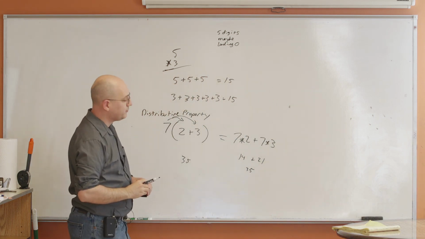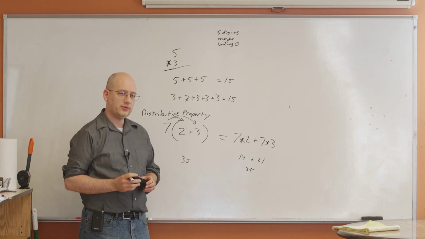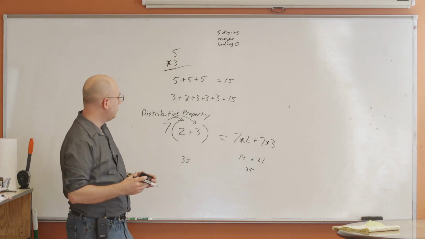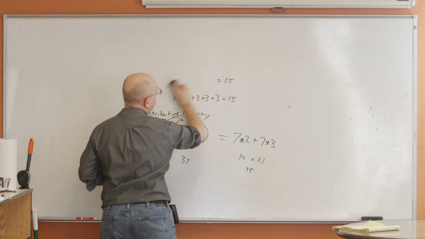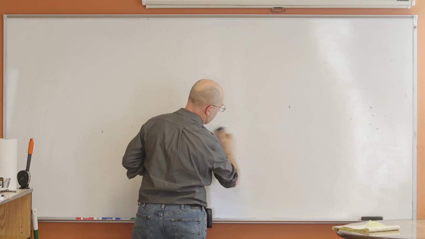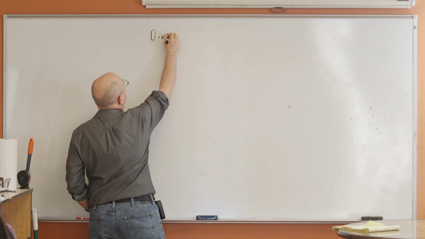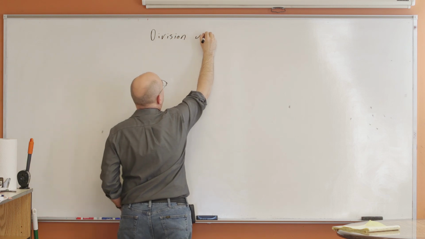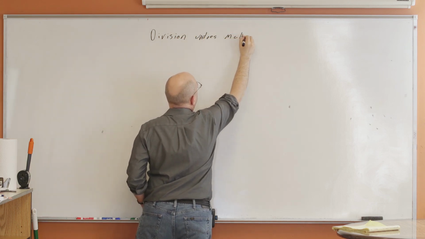Now on to division. Well, first, what's the relationship of subtraction to addition? Yeah, they're opposites. They kind of undo each other. And in the same fashion, division undoes multiplication.